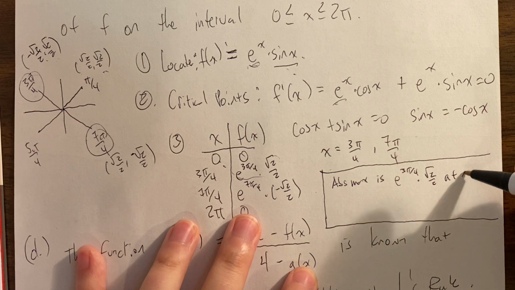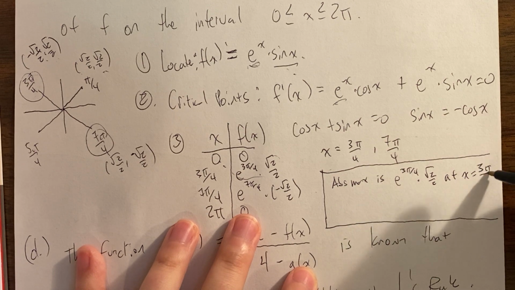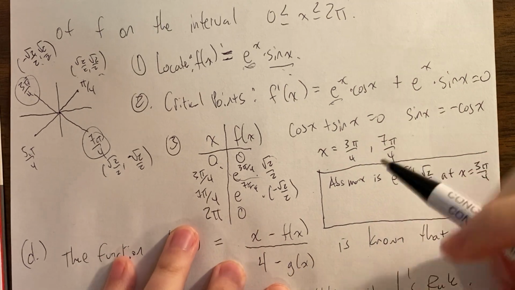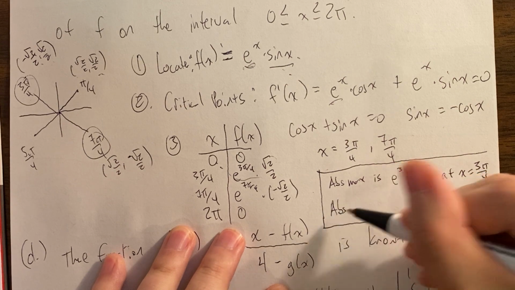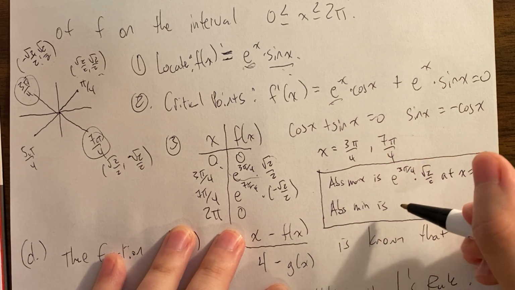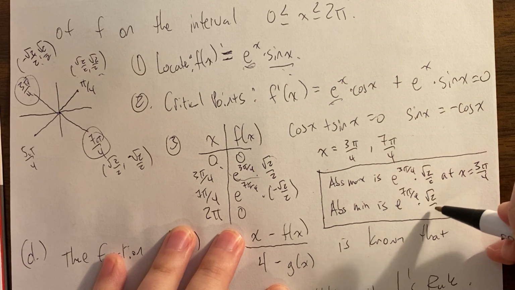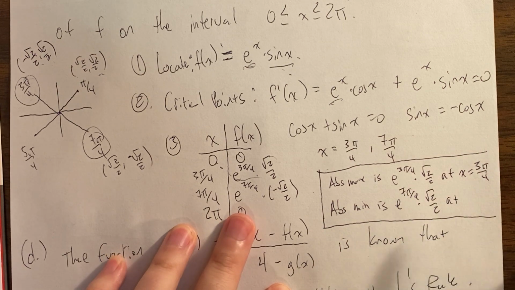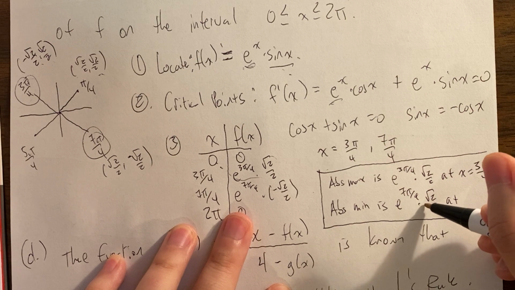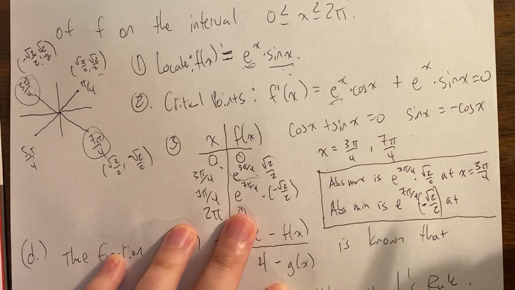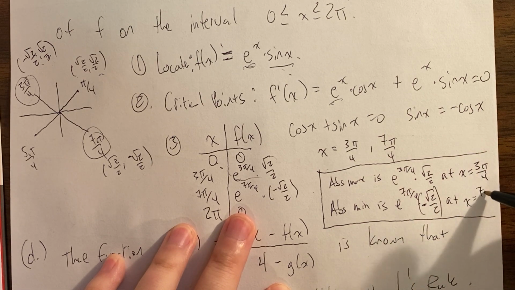And we can write x is equal to 3 pi over 4. And finally, the abs min is e to the 7 pi over 4 times negative root 2 over 2, let's be careful, at x equals 7 pi over 4.